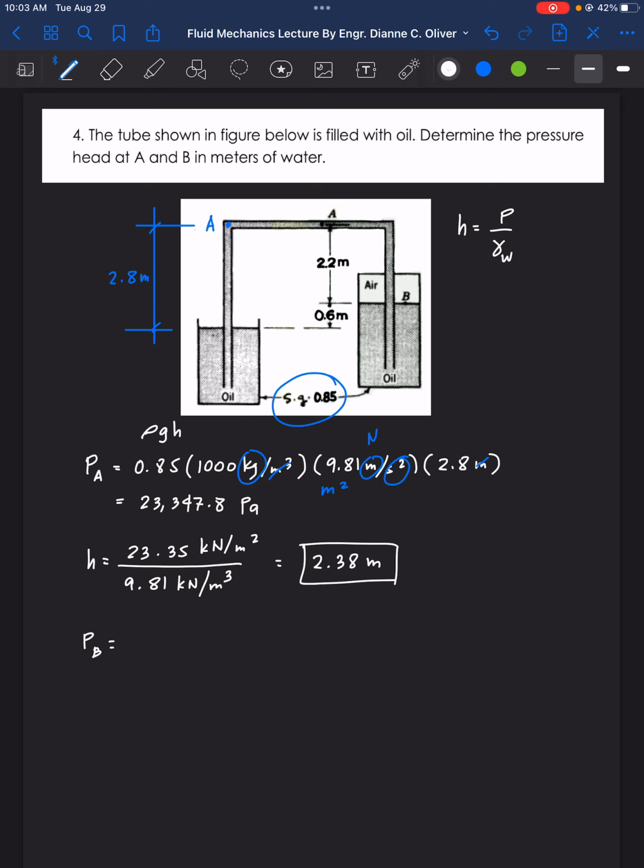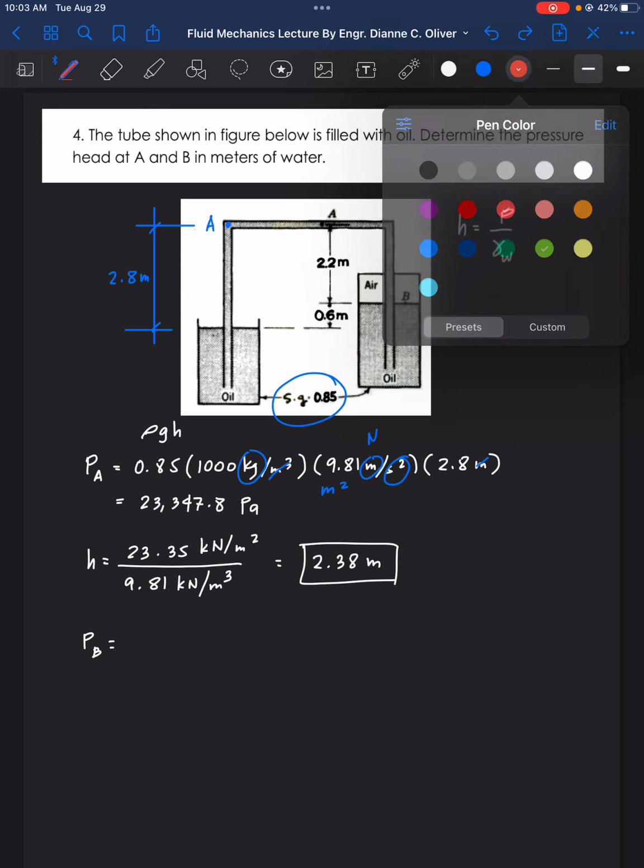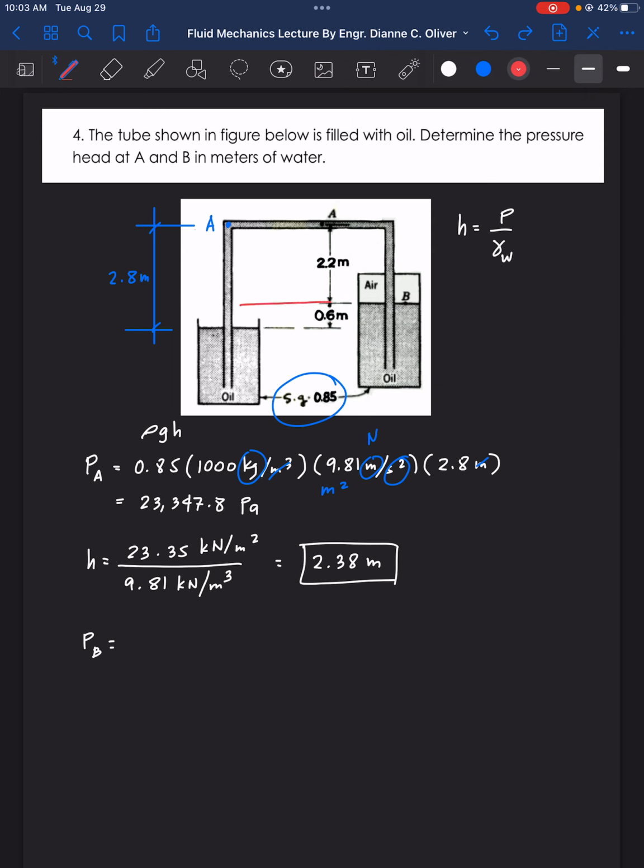How do we determine pressure at B? Where's point B? Point B is inside here. It's enclosed. So from the free surface, this is our free surface. Now take note of this portion here. The liquid at this portion is at the same level, in the same diameter.